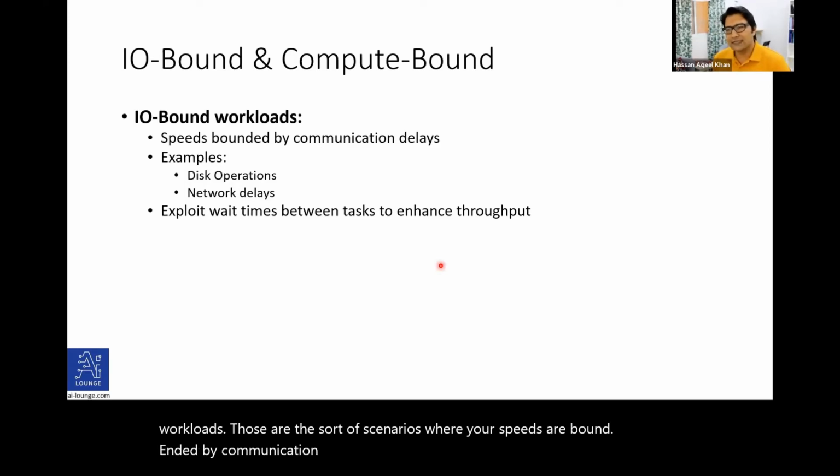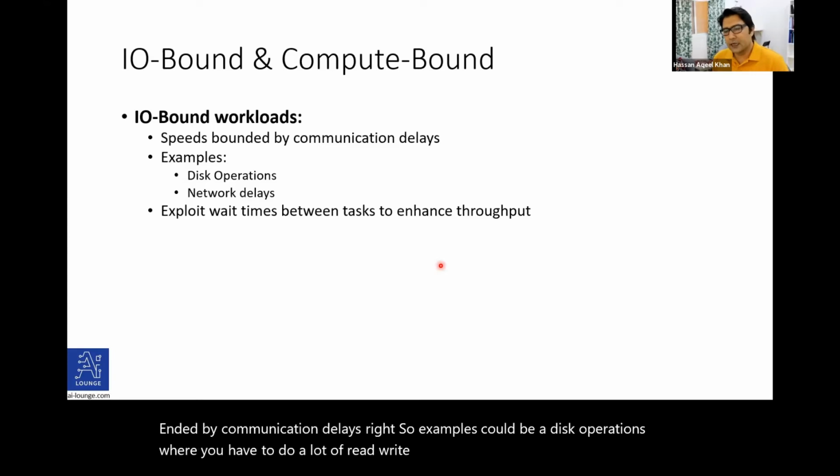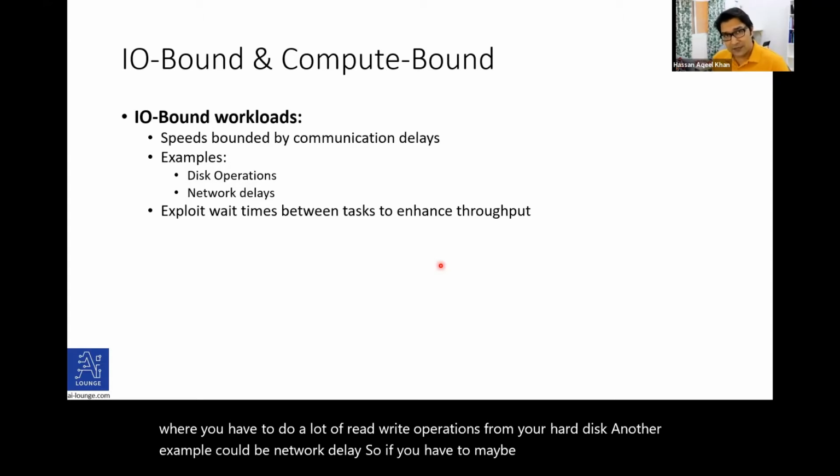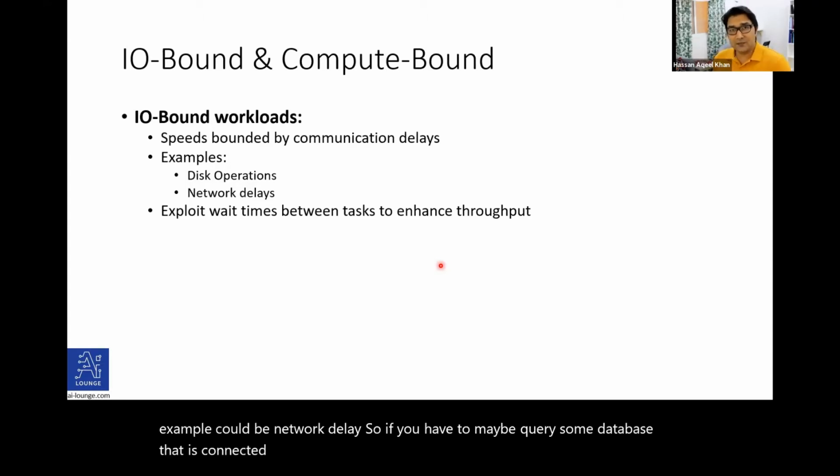Examples could be disk operations, where you have to do a lot of read-write operations from your hard disk. Another example could be network delays. If you have to query some database that is connected to some network, it would take some time to respond. The network speeds might actually slow things down.